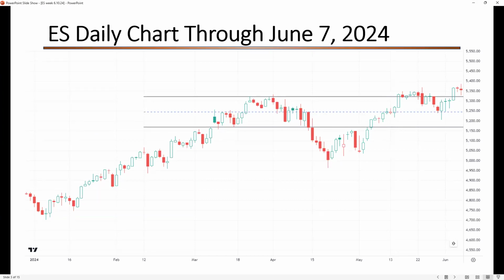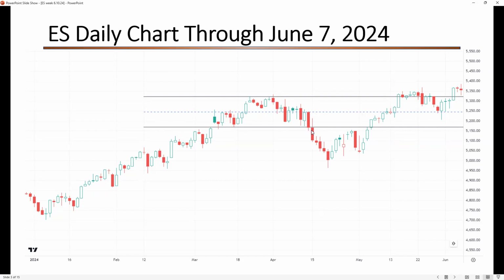Before we review this week's market activities, it is helpful to zoom out and take a look at the larger trend. This is the ES daily chart starting from the beginning of 2024. As we can see, the market has been in an uptrend since the beginning of the year. From mid-March to mid-April, the market fluctuated between 5160 to 5300 before breaking down under that range in mid-April.